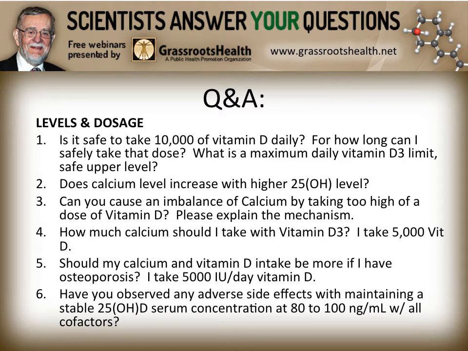But if you have osteoporosis, then you've got to focus on bone, and maybe your motivation to do something about it is better. It's not that the need is greater, but you surely do need it then, and the amount should be about the same as for everybody else.